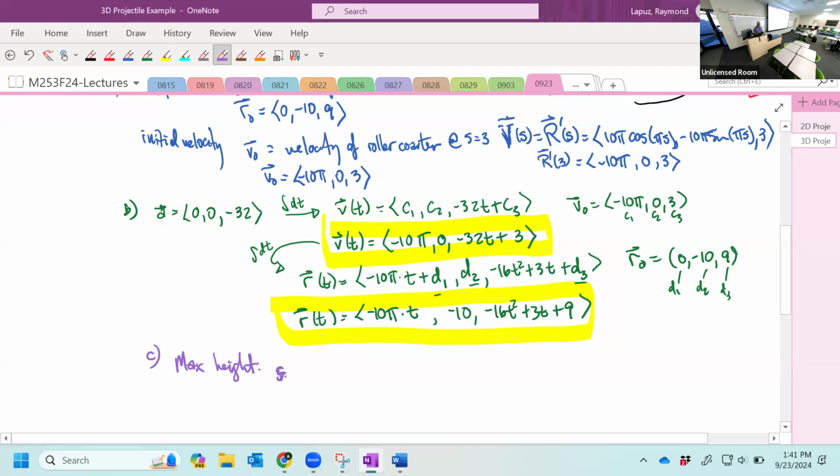Set the z component of v of t equal to 0.